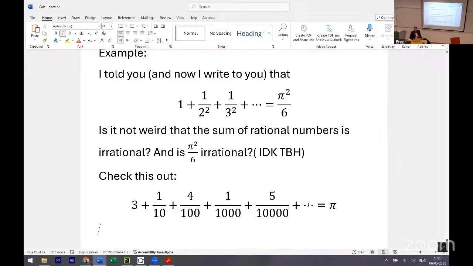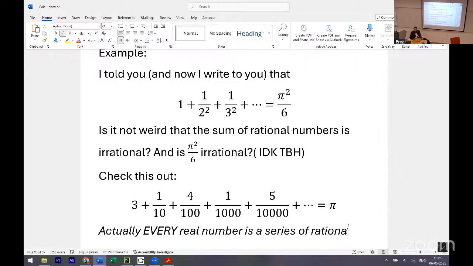So actually, every real number is a series of rational quantities.